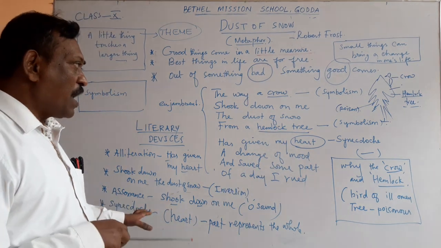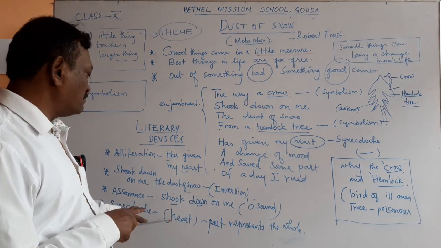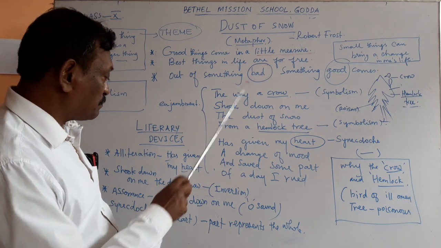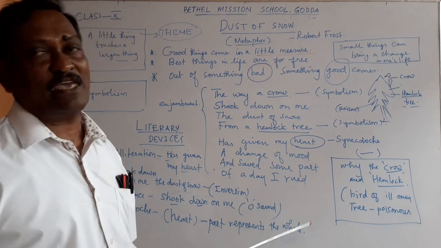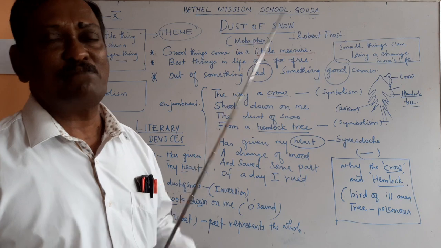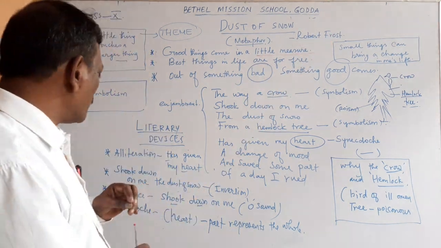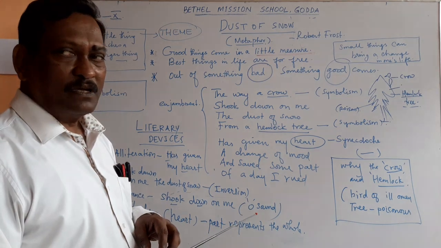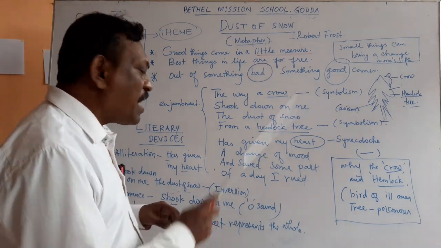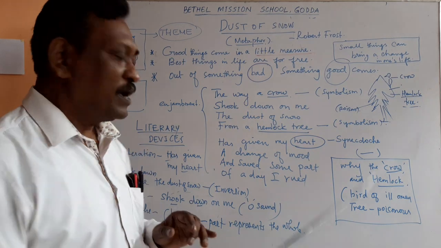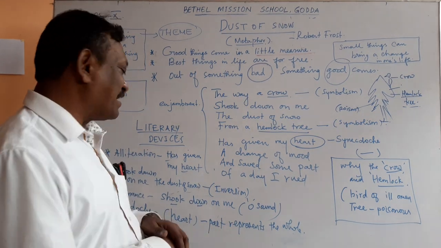And then one more important literary device to be discussed in this poem is synecdoche. This might be a new literary device for most of the students, but it's very easy to understand. What is synecdoche? When a part represents the whole, it is known to be synecdoche.